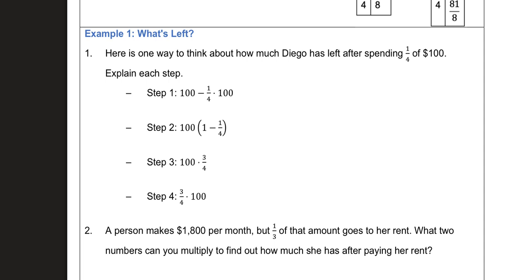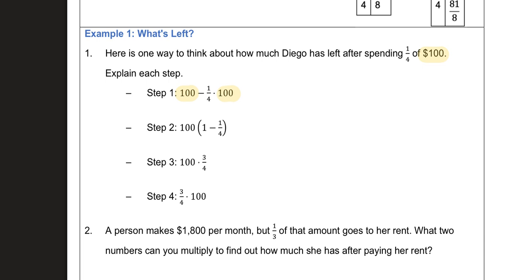So here is one way to think about how much Diego has left after spending $250. And we're going to go through and explain each step. So he starts with $100. So that's what this number here, all of those hundreds, is representing, okay? And he is spending a quarter of it.